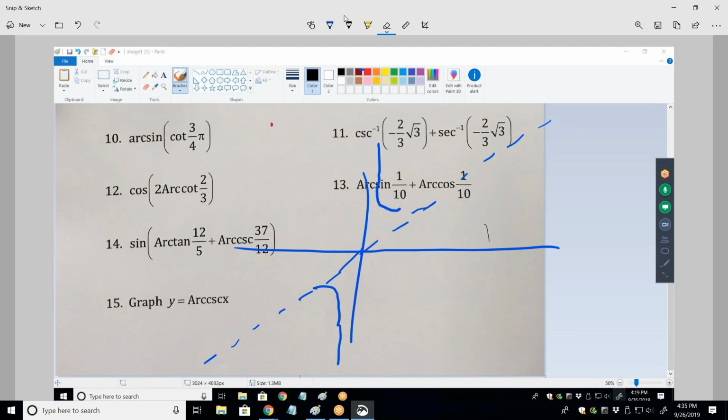Whatever that reflection is, and I believe it would look something like, let's see, if I reflect that, something like that, I believe. And if I reflect this, something like that. And that is a function, passes the vertical line test.